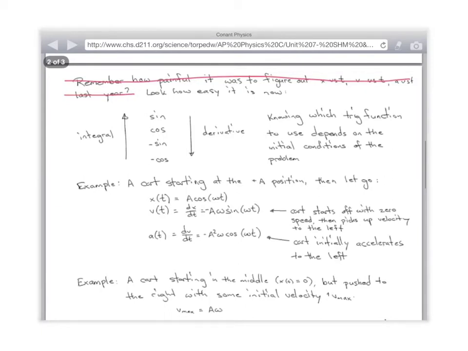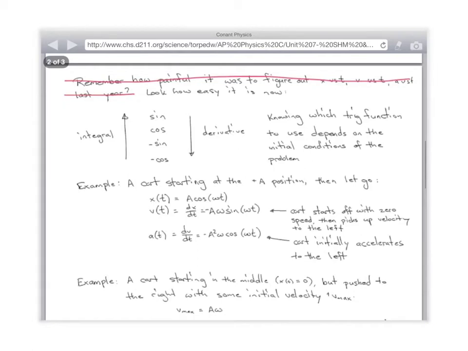Cosine. Positive or negative cosine? Positive, because it's going to the right. It's starting with a maximum velocity. That's positive, right? What goes in front of the cosine? A omega, or Vmax. A omega cosine omega t.